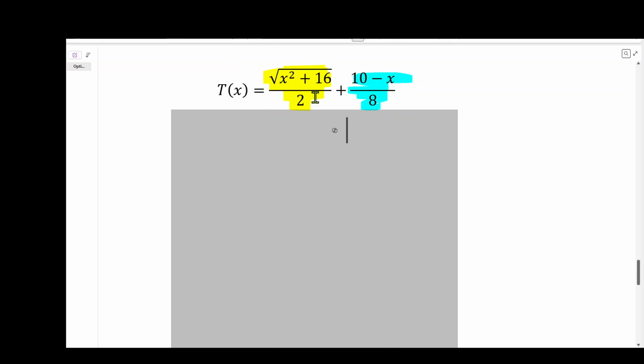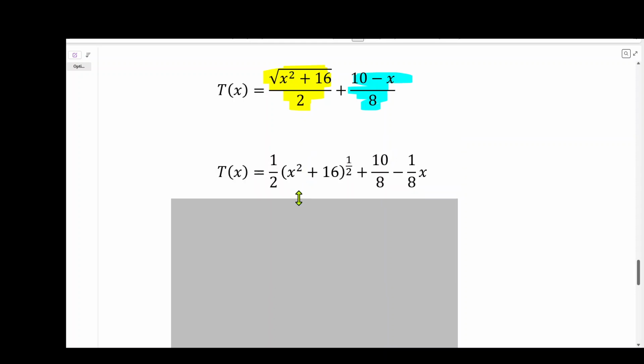So first of all, I'm going to manipulate that algebraically before I take the derivative. For example, I'm going to separate the divide by 2 from a denominator position and just write 1 over 2 as a fraction. It's much easier to use derivatives if you see coefficients as fractions.